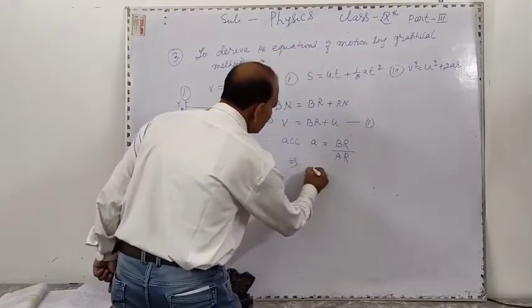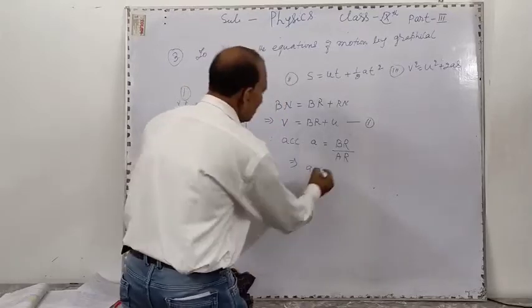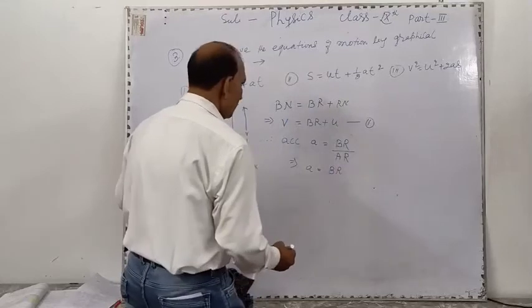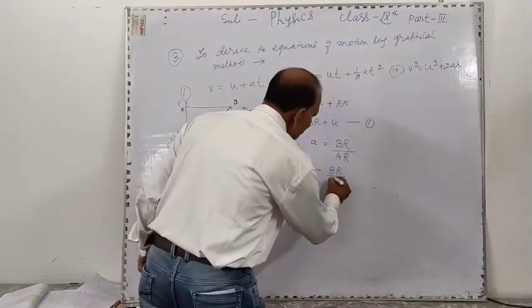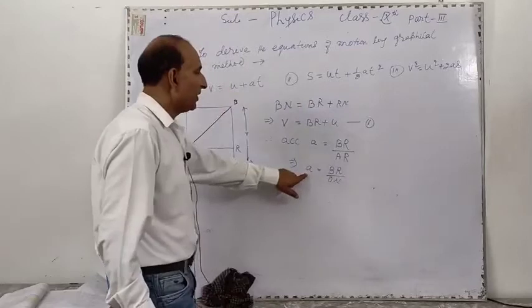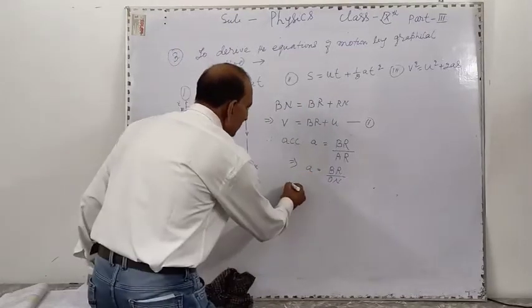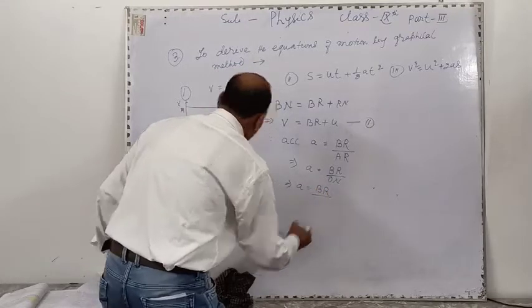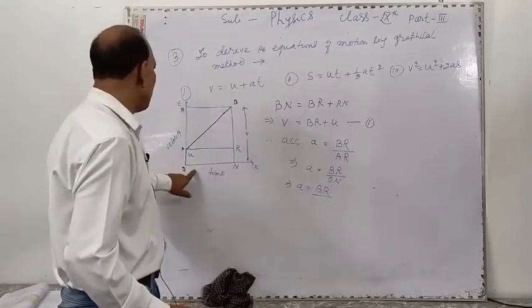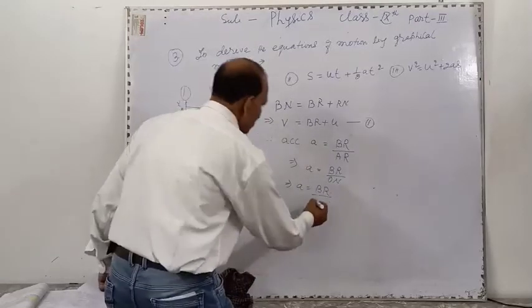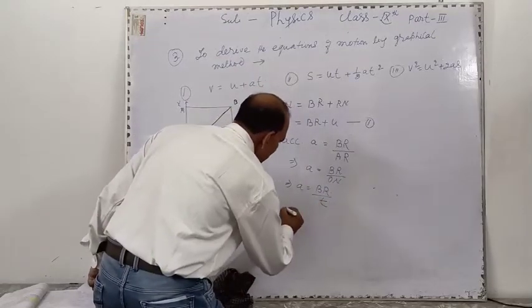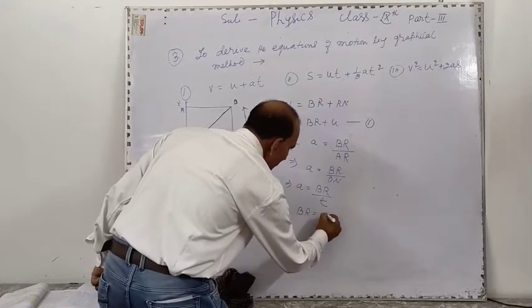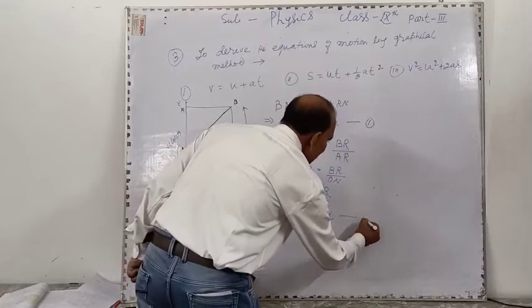This implies a is equal to BR by ON, since AR is equal to ON, which represents time, that is t, or BR is equal to at, equation second.